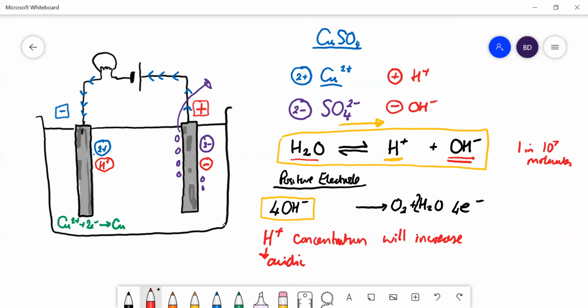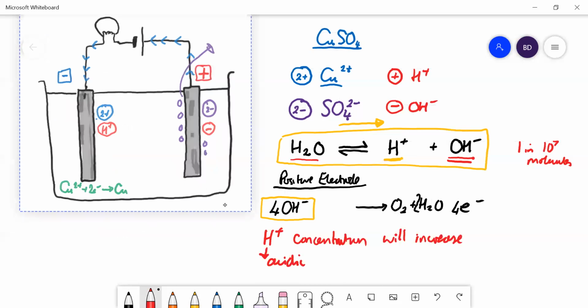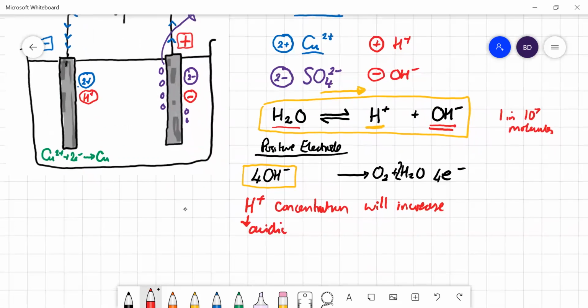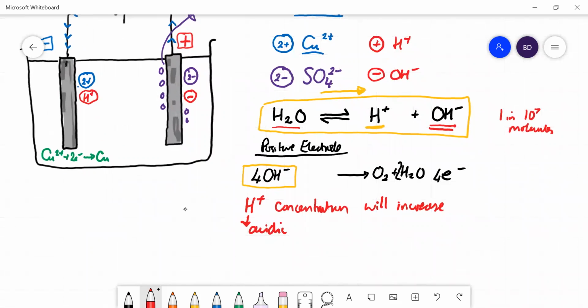And let's just think what acid is in there. Well, we have the sulfate ions. Sulfate ions don't react. They just remain hanging around. So we've got sulfate ions in solution, and all the coppers are going to get turned into copper metal at the negative electrode.